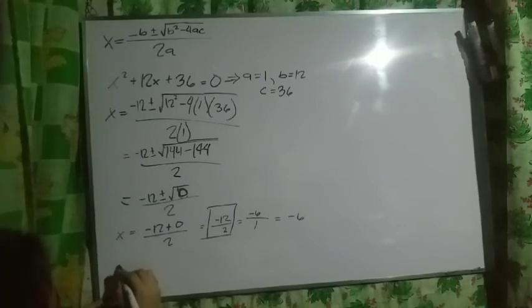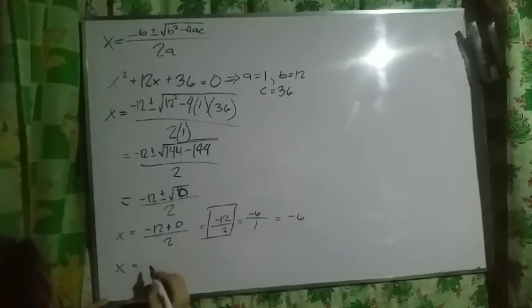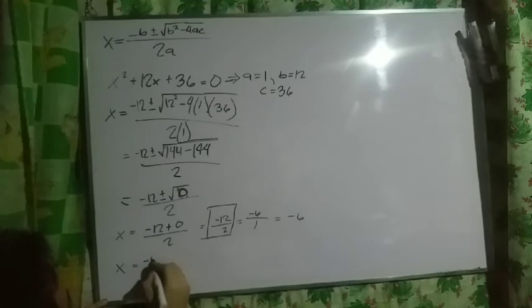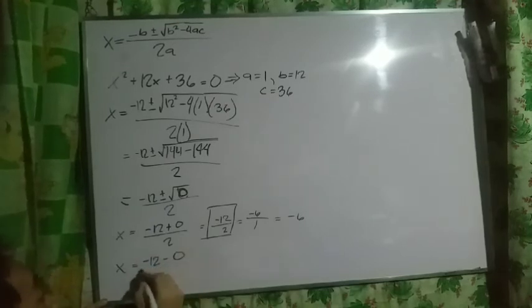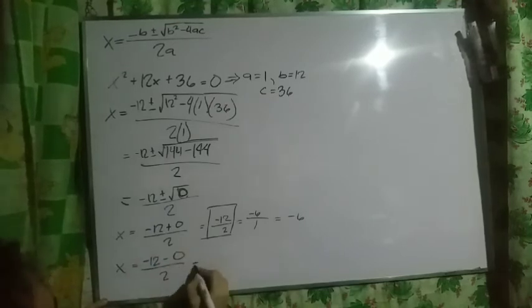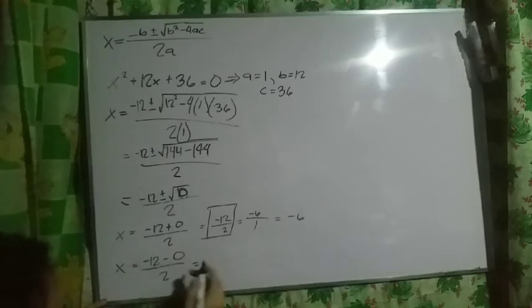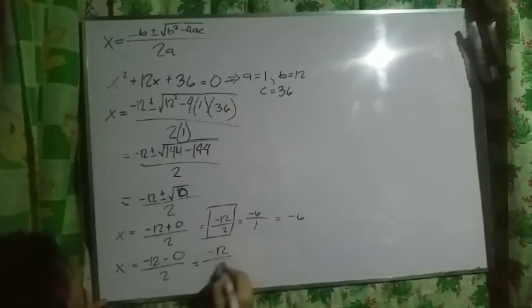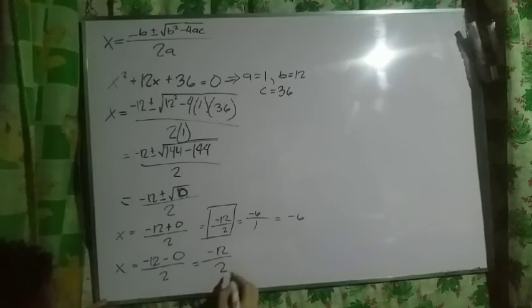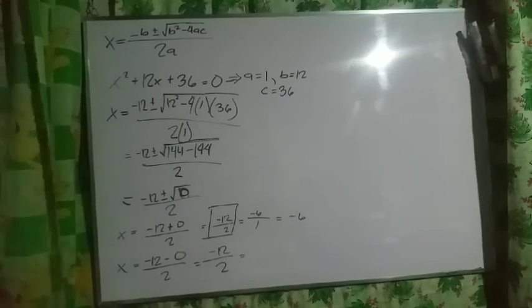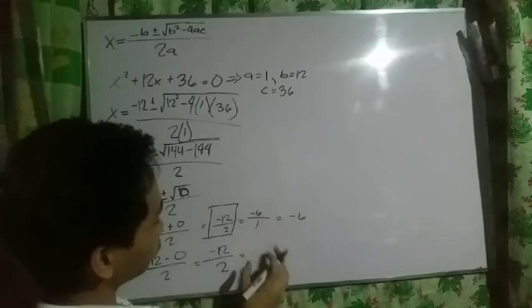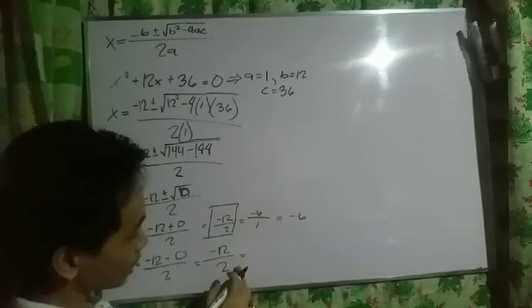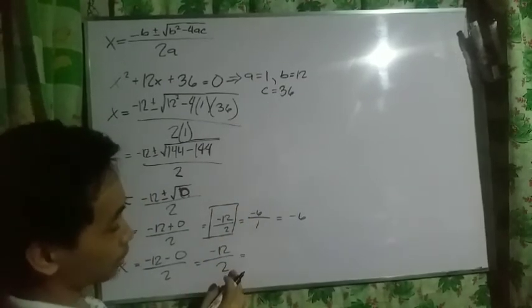And the last step is x equals negative 12 minus 0 over 2. So negative 12 minus 0 is negative 12, and just copy 2 and simplify it again. Just like what we did, as you can see, it is the same.